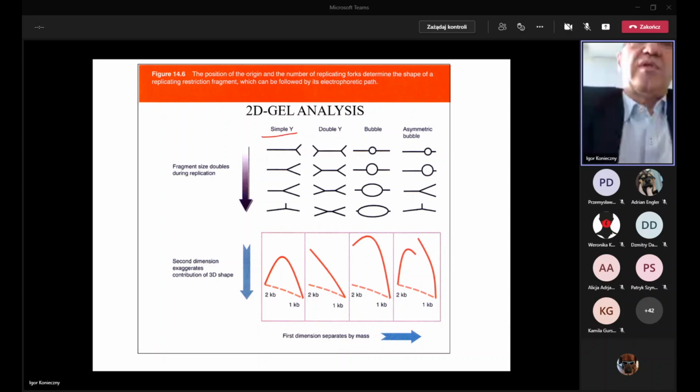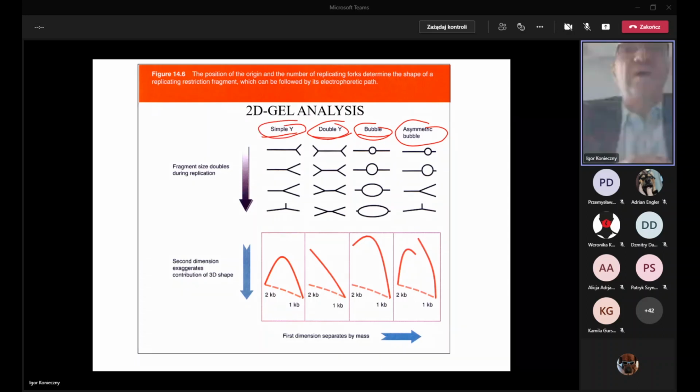You may also have double Ys, bubbles, and asymmetric bubbles. These are the possibilities after bidirectional or unidirectional replication, progression of the replication fork, and the DNA analysis of this.